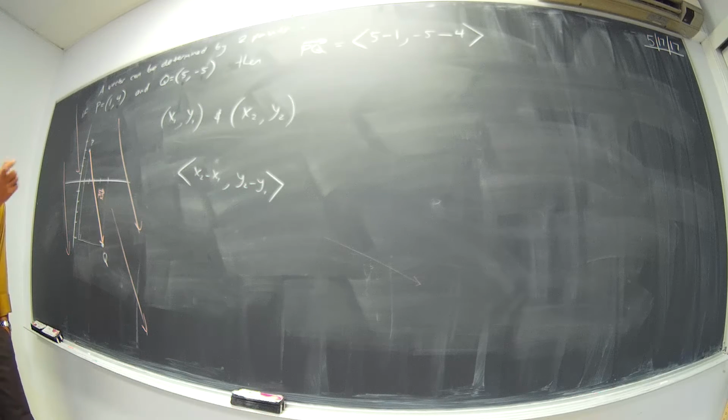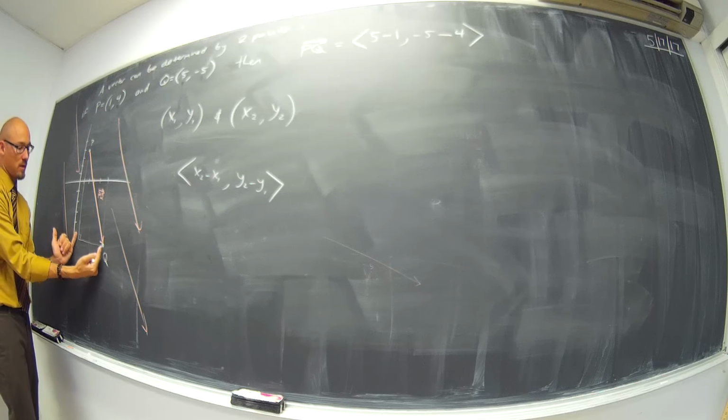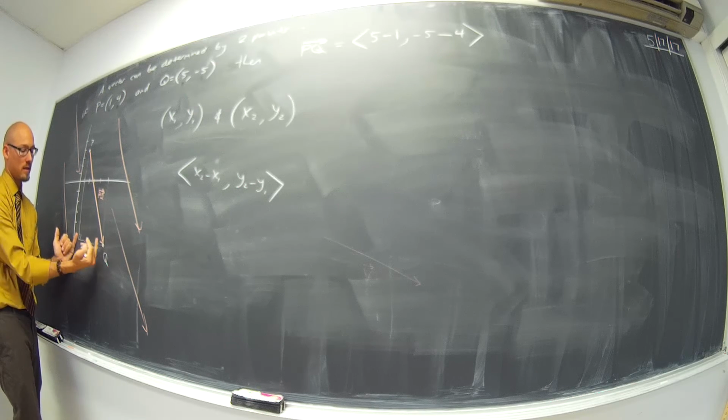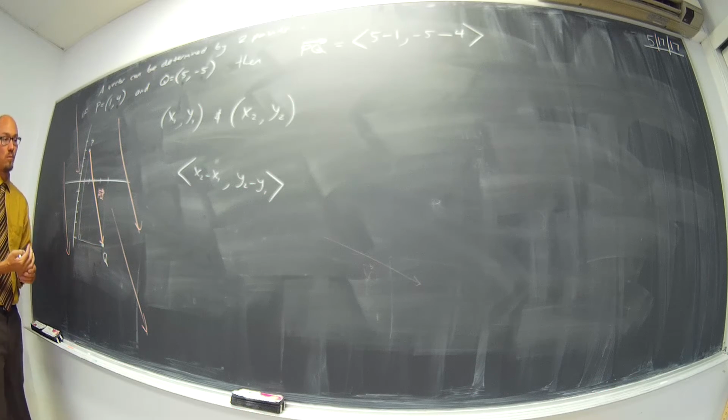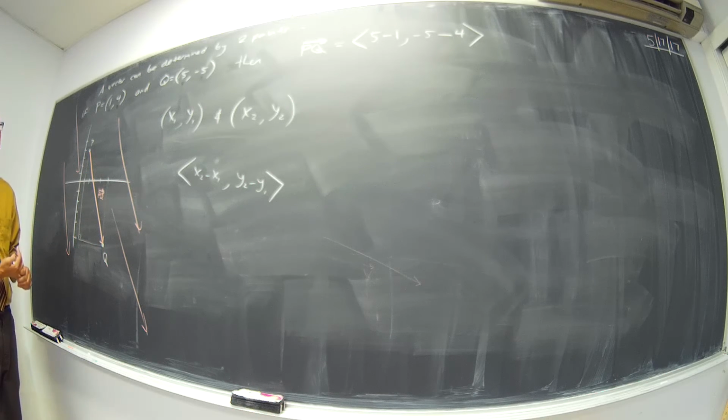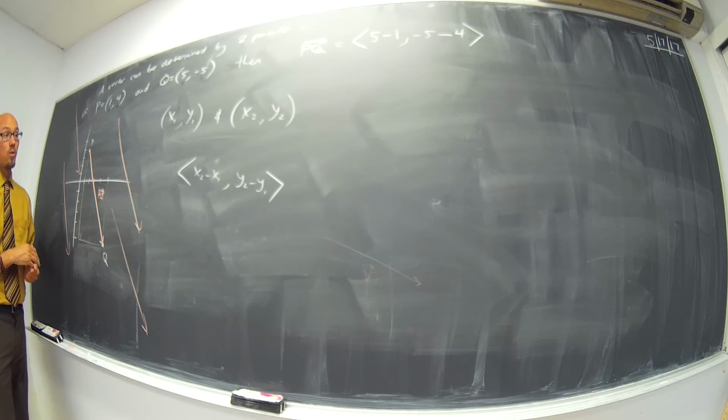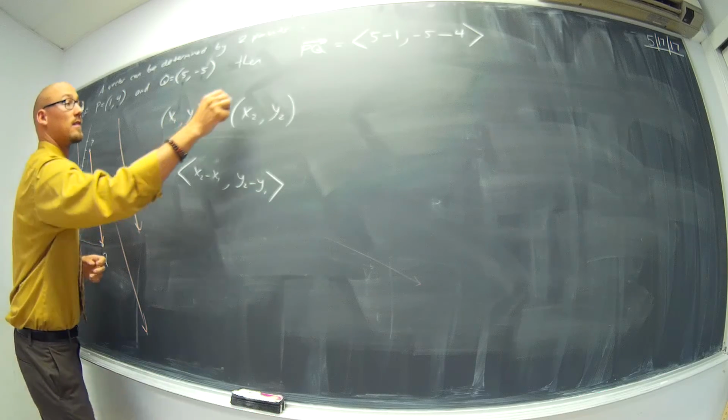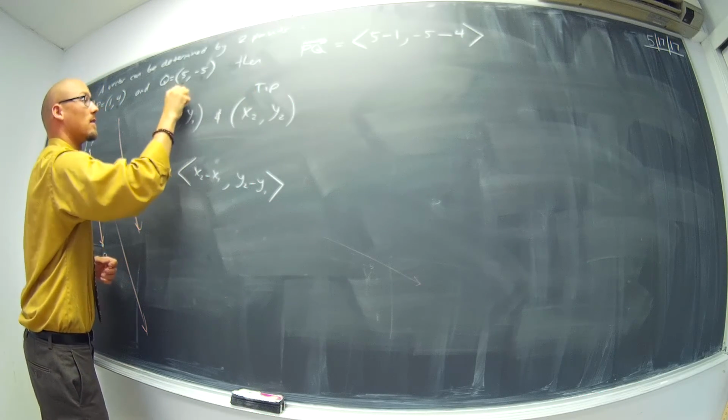So find the difference, because remember, that's what we did here. We had to find the component as the difference. If we add them, we'll get weird answers, AKA wrong answers. Does it matter which ones, like y1 and x1? This is the tip, and this is the tail.